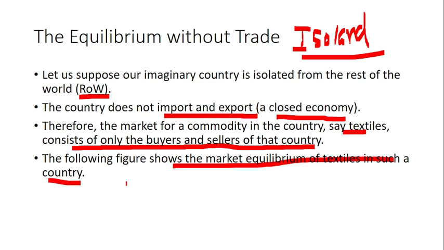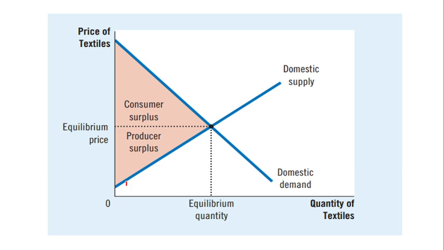Okay, so our country is isolated from the rest of the world. It does not export and import, so it's a closed economy, and therefore the market consists of only the buyers and sellers of this country. Now this is the figure showing the equilibrium in such a country. Along the horizontal axis we show the quantity, and along the vertical axis we show the price, and this is the demand.